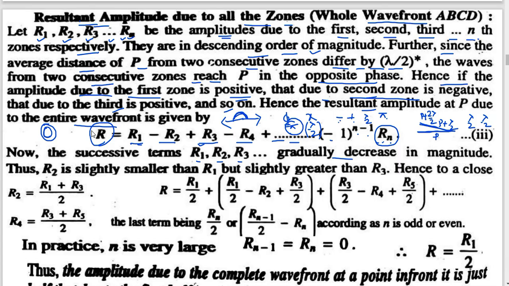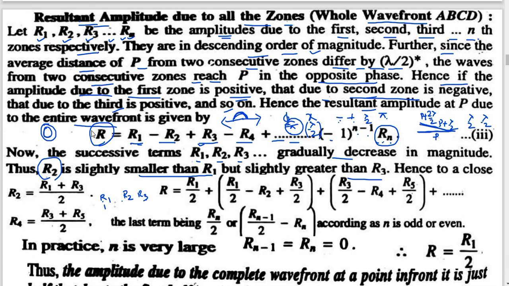Thus R2 is slightly smaller than R1, but slightly more than R3, because R2 is in between R1 and R3. Remember, R1, R2, R3 are the amplitudes of the first zone, second zone, third zone respectively.